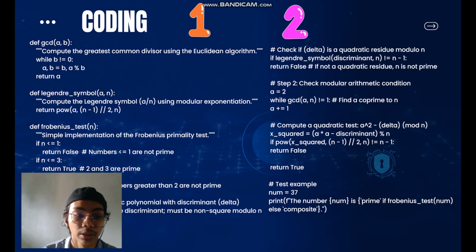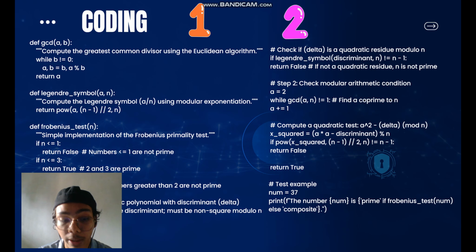To the right side, Frobenius test logic. Okay, the test selects a discriminant delta equal to 5 and checks if it's a non-square modulo n using the Legendre symbol. It then finds a value a coprime to n and computes x squared equal to a to the power of 2 minus delta, modulo n, to check the polynomial condition.